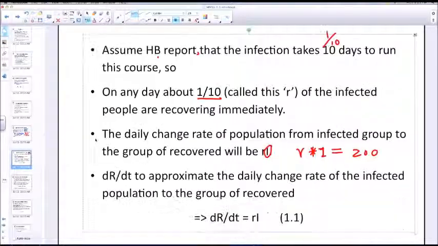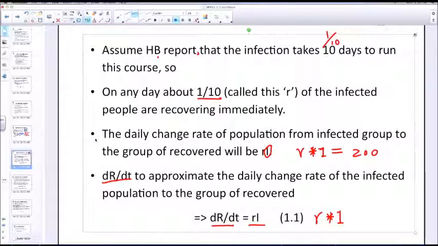So the change rate of recovered people is going to be approximated by the multiplication of R, which is the daily recovery rate, times I, which is the infected population.